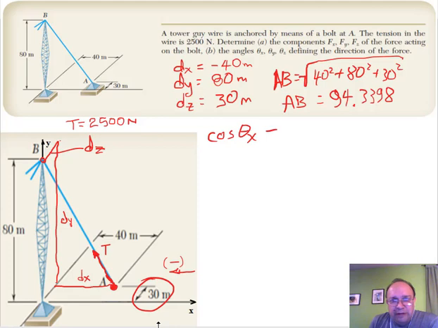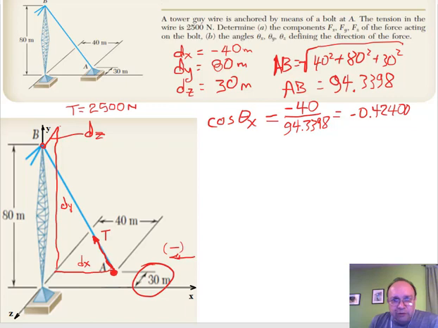So the cosine of theta x will be the component in the X direction divided by the total magnitude, which is the hypotenuse, 94.3398. So this cosine comes to be minus 0.4240. Now the cosine of theta y will be the Y component of the distance between A and B divided by the total distance between A and B, 94.3398.